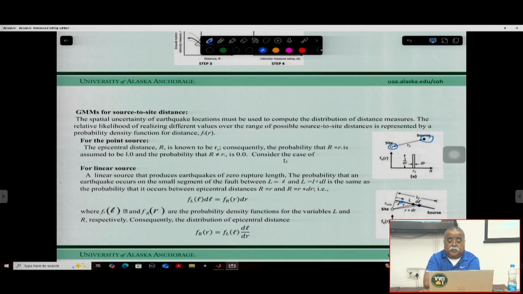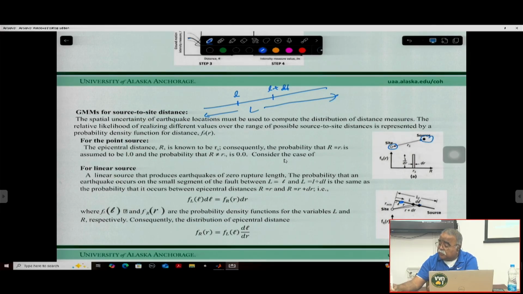So then what will be the probability of these values, right? So let's see this earthquake occurs on a line source at a distance of L, and then this will be equal to L plus dL distance. Okay, so this is the length of the fault, and we are trying to calculate this one.